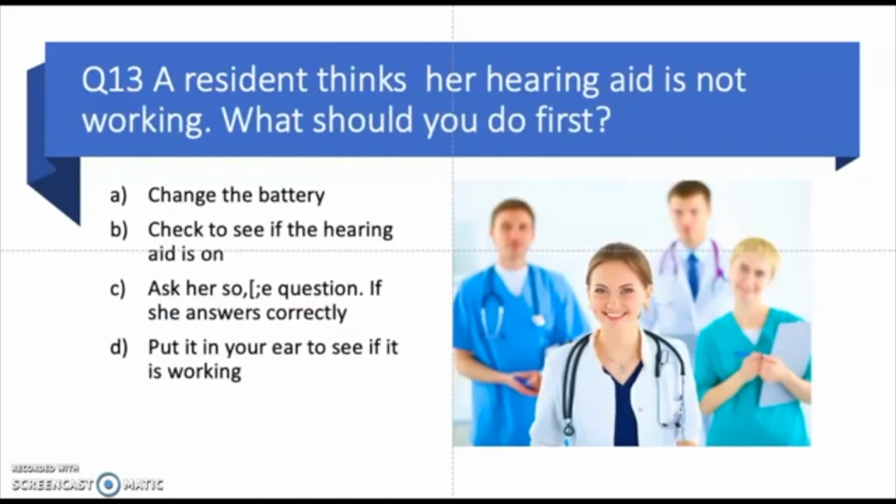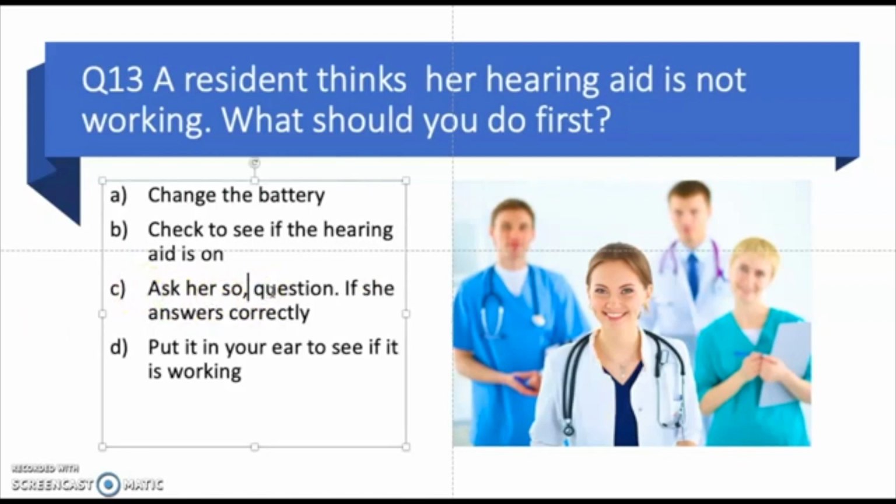Question 13. A resident thinks her hearing aid is not working. What should you do first? Change the battery. Check to see if the hearing aid is on. Ask her questions, many questions.